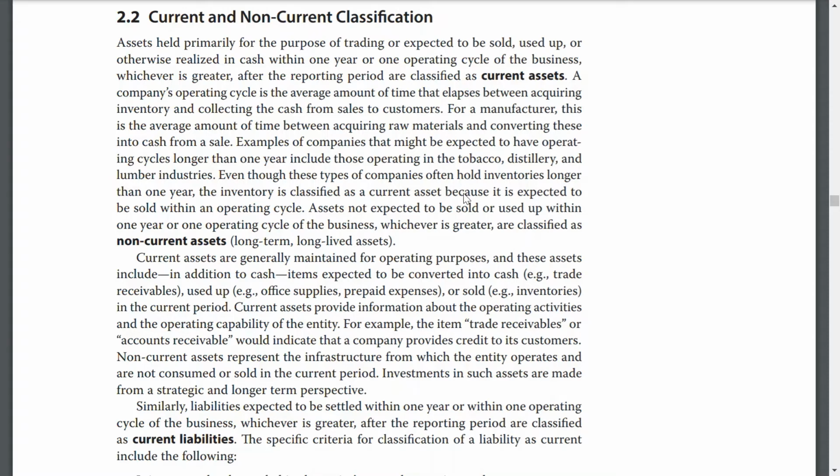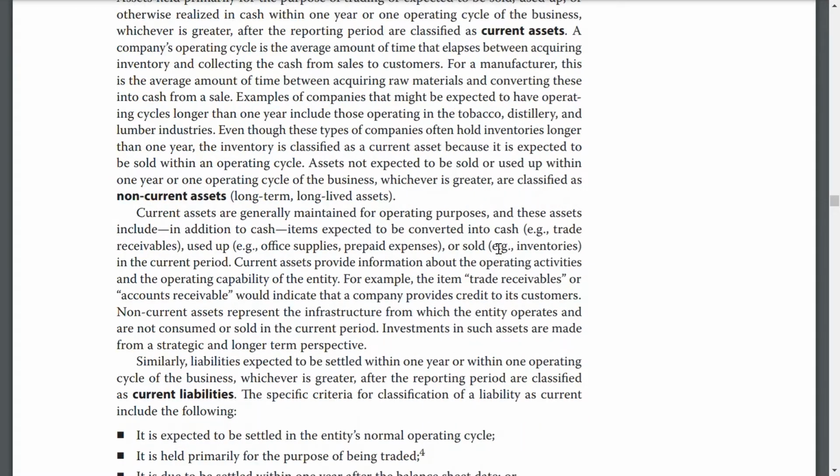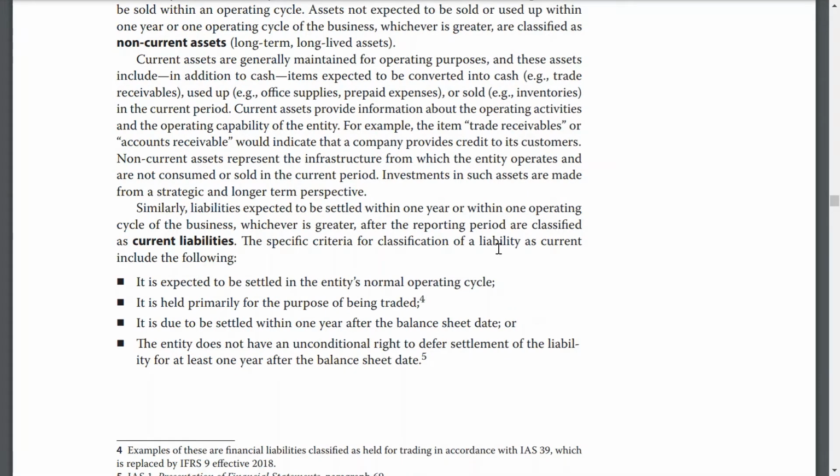Current assets are generally maintained for operating purposes, and these assets include, in addition to cash, items expected to be converted into cash, used up, or sold in the current period. Current assets provide information about the operating activities and the operating capability of the entity.